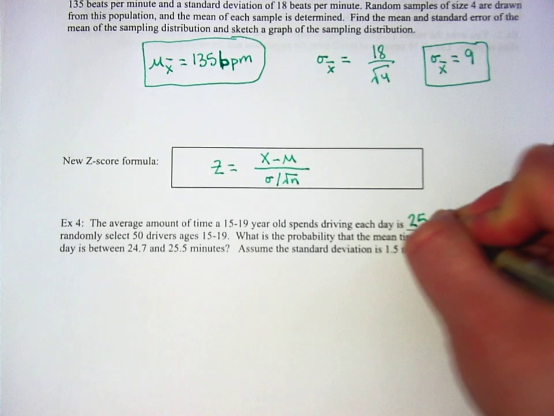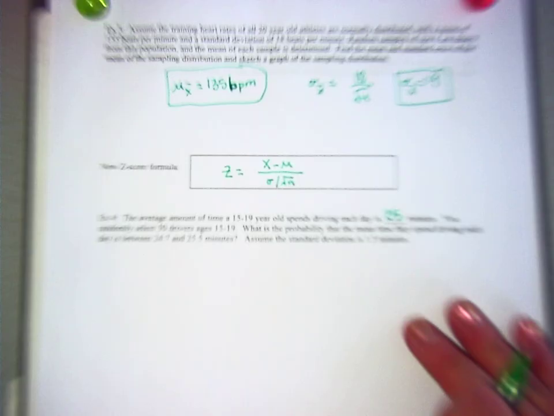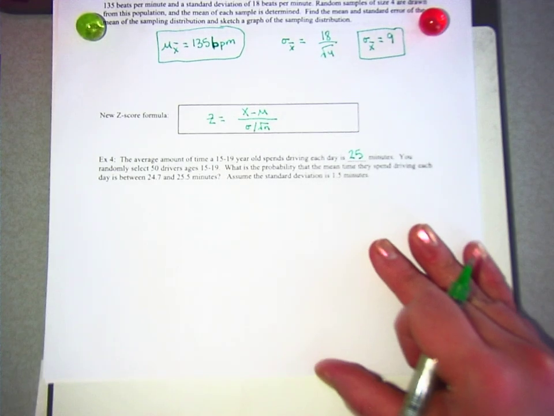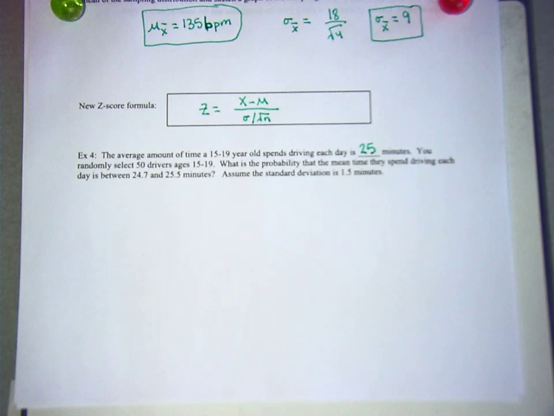Remember, it's all 15 to 19-year-olds, probably even the ones without driver's licenses. And that includes the people who live 2 minutes away from their high school and the people who live in the country. So you randomly select 50 drivers age 15 to 19. What's the probability that the mean time they spend driving each day is between 24.7 and 25.5 minutes?